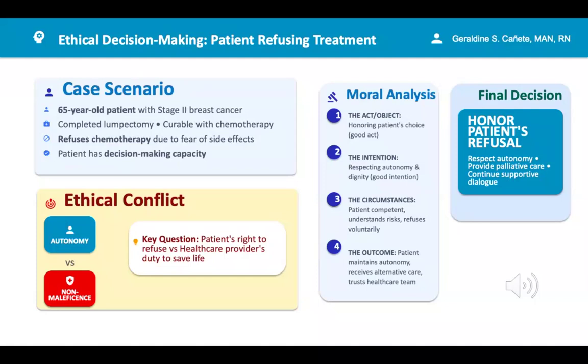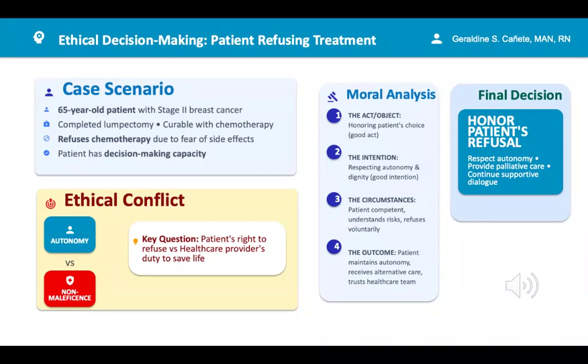So, what are your initial thoughts and feelings about this case? What are the key factors that you would consider in this situation? And what is the ethical conflict in this case? What are the competing principles that are at play? Obviously, we have a conflict between autonomy and non-maleficence.